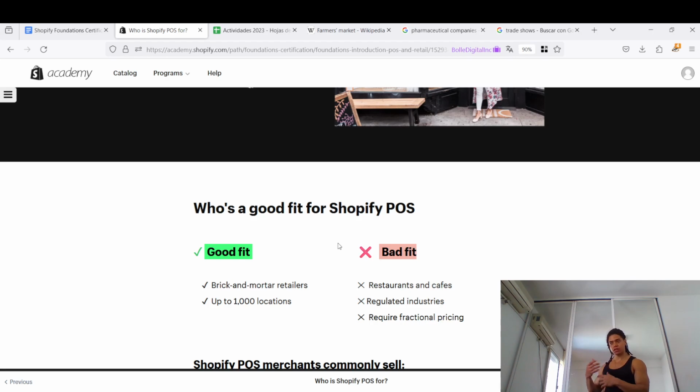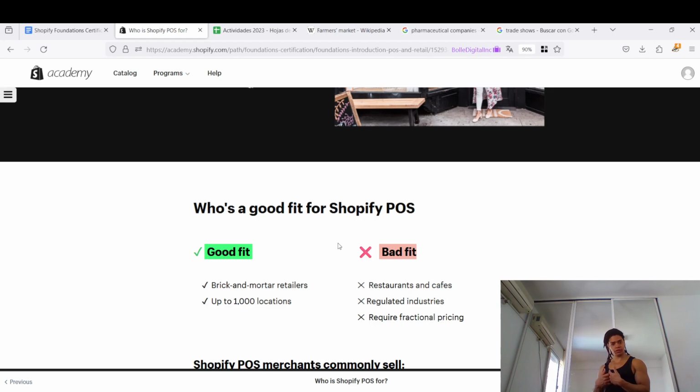But if you want to start to sell using Shopify POS, well, generally merchants sell apparel, boutique style groceries, sporting goods, shoes, furniture, electronics, arts and craft, gift cards.